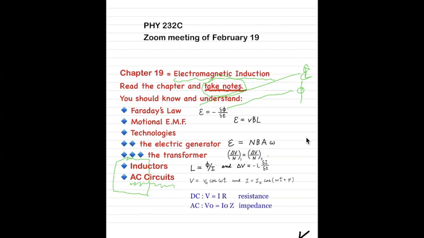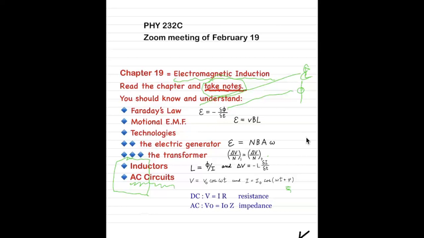In DC circuits, the voltage is the current times the resistance, R. So V is IR. That's Ohm's law. We've studied that before. In alternating current circuits, it's more complicated than that. First of all, there's this phase change, and then there's the amplitude change, or the amplitude ratio between voltage and current.